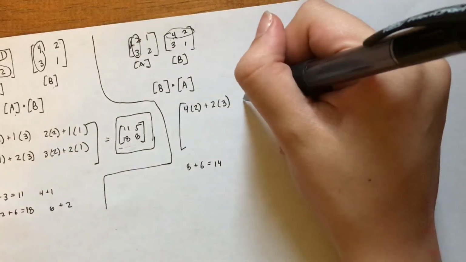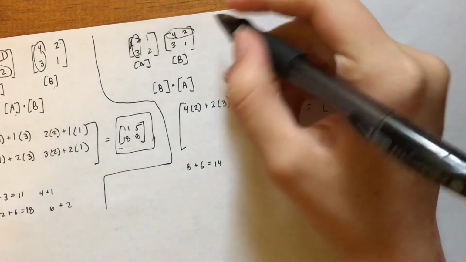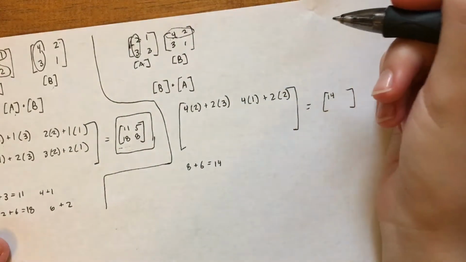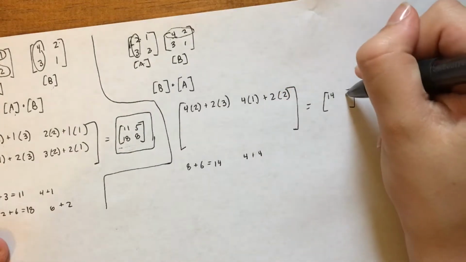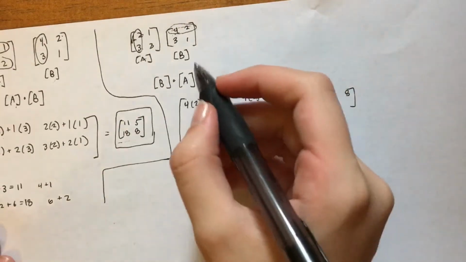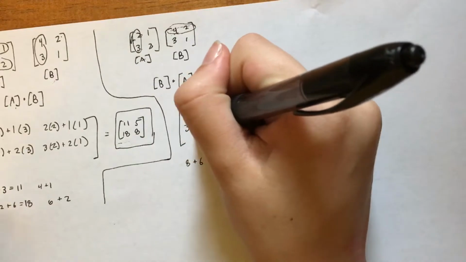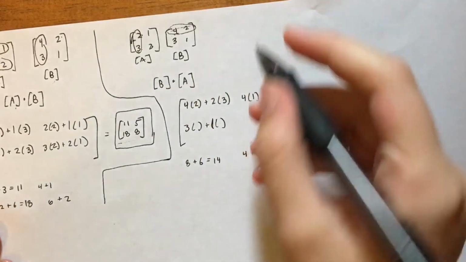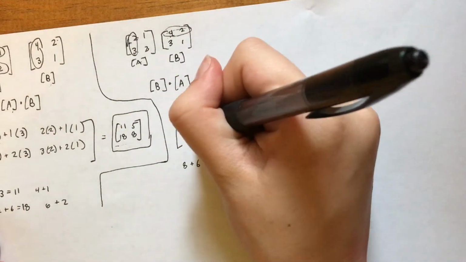Now we are going to use our first row again, but our second column. So you're going to plug in 1 and 2. Our final answer will be 8. Now we are on to our second row of B. And we're plugging in the first column yet again.